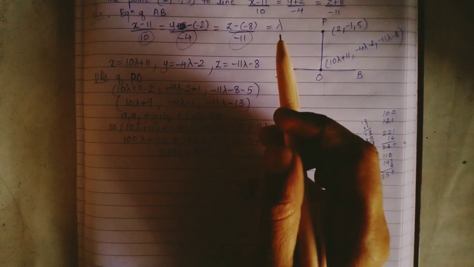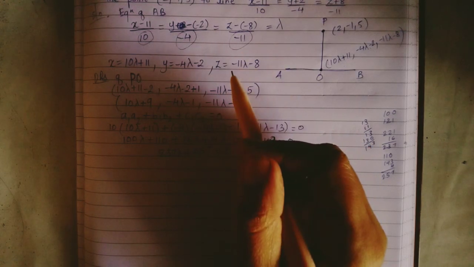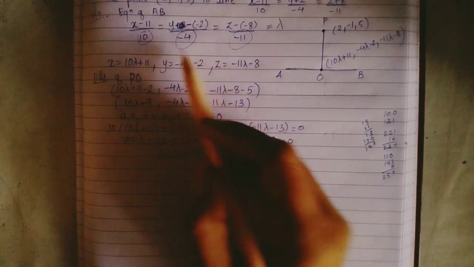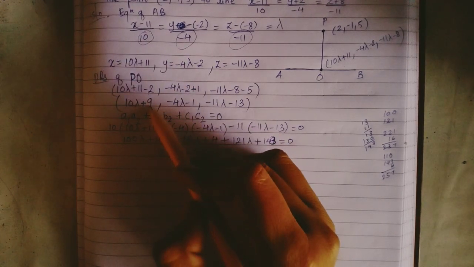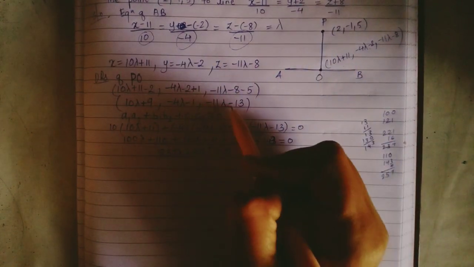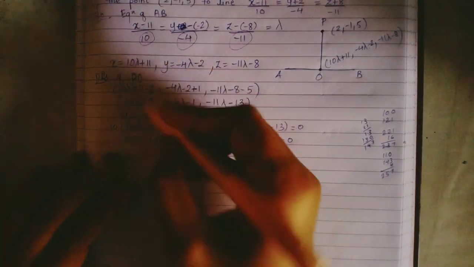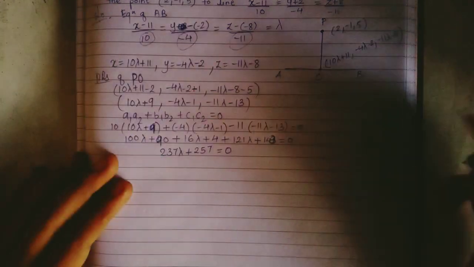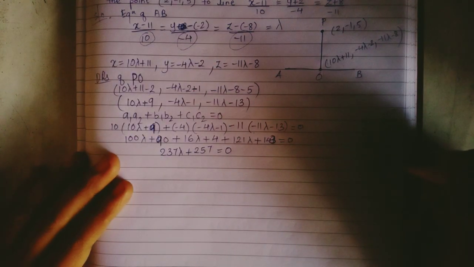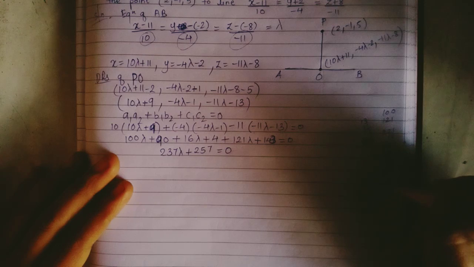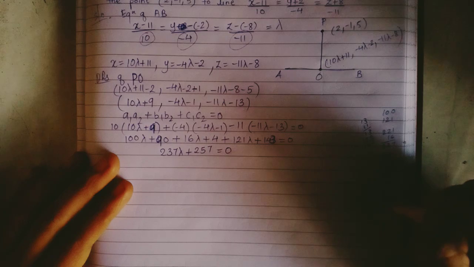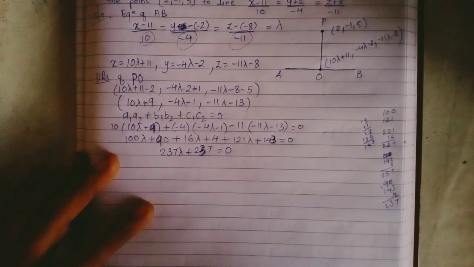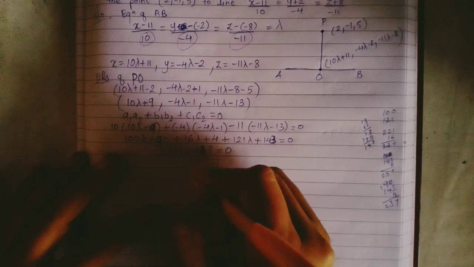Let's recheck if I've made any mistake. Oh, I've not taken this. This is 9, so this is 90. So adding 90 plus 143 plus 4, 237. Okay, so lambda comes to minus 1.